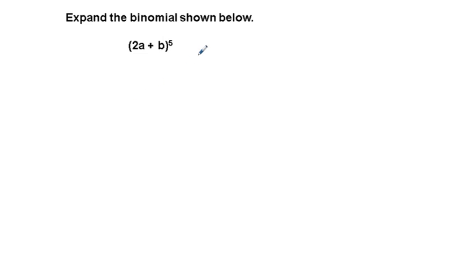One problem was very much like this one: expand the binomial shown below. So we have this quantity, 2a plus b, to the power of 5. And there were multiple choice answers for this.